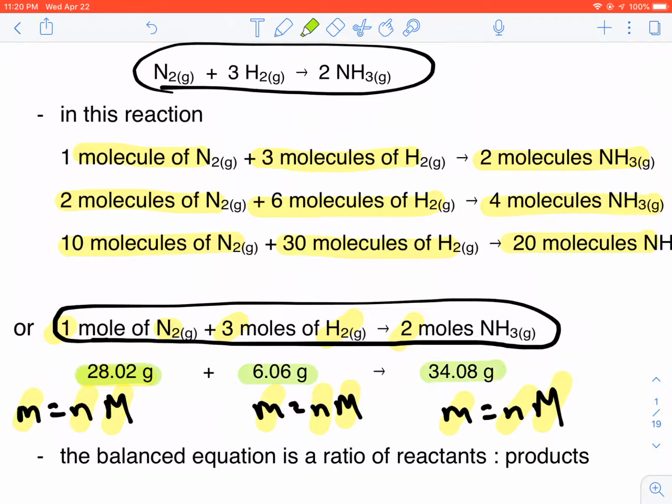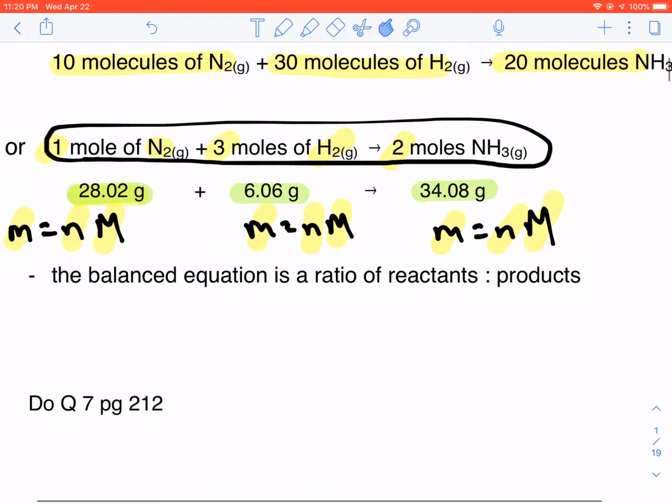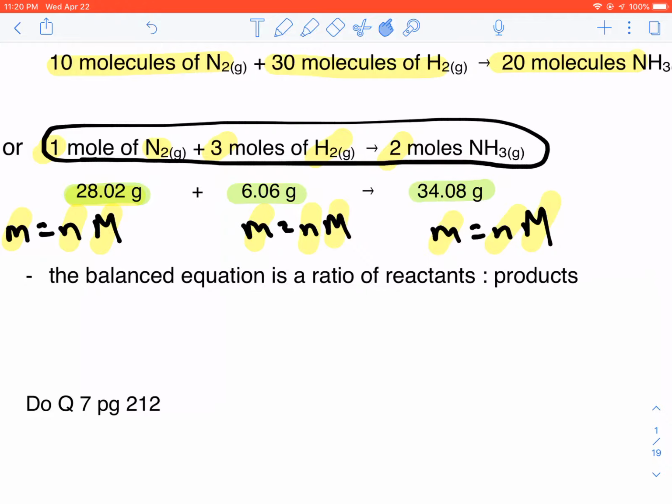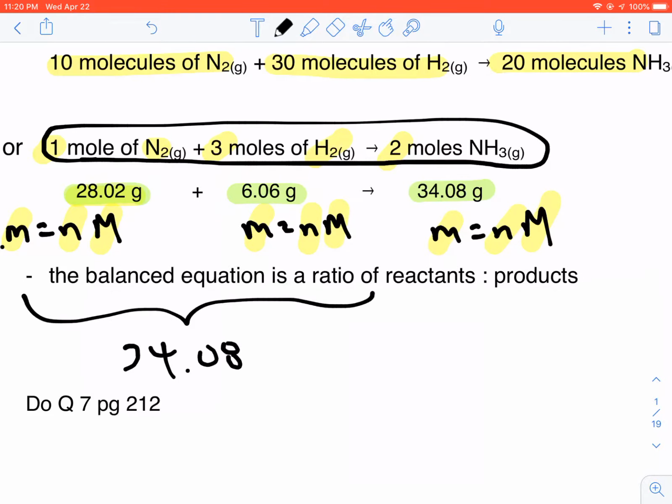If I look at the chemical reaction, it tells me that if I have 28.02 plus 6.06, which is 34.08 grams of reactants, I will make 34.08 grams of product.